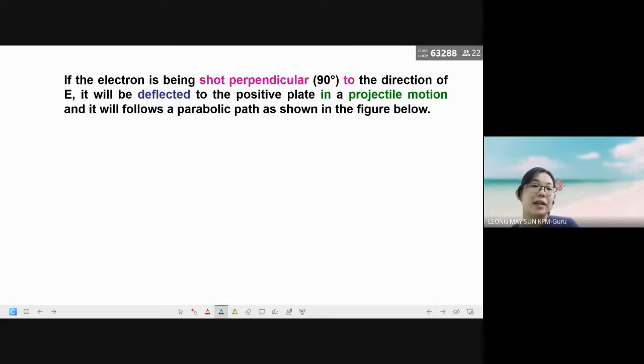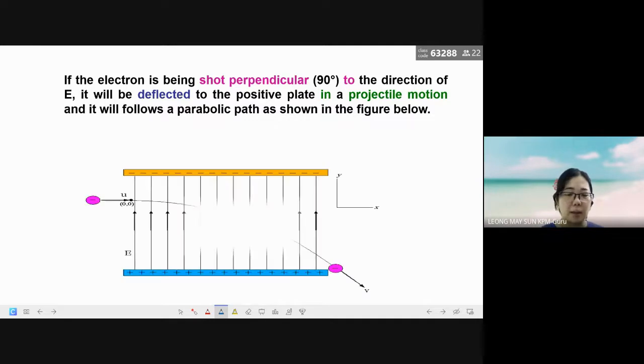Now, just now I placed a polystyrene ball. Yes, it's the same concept, Daryl, because after this we're going to discuss the polystyrene ball and the flame. Now, if the electron is shot perpendicular into the electric field lines, which move from the positive towards the negative plate, the negative electron will be attracted towards the positive.